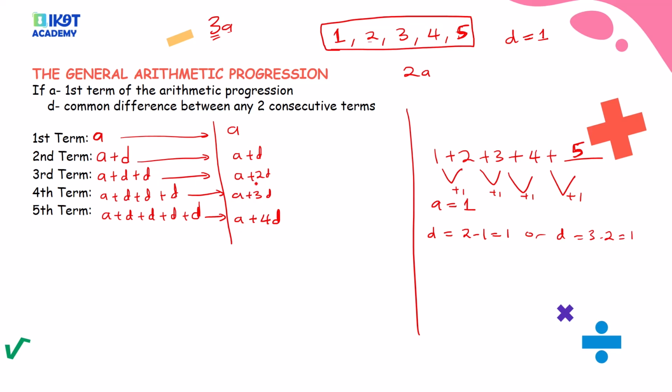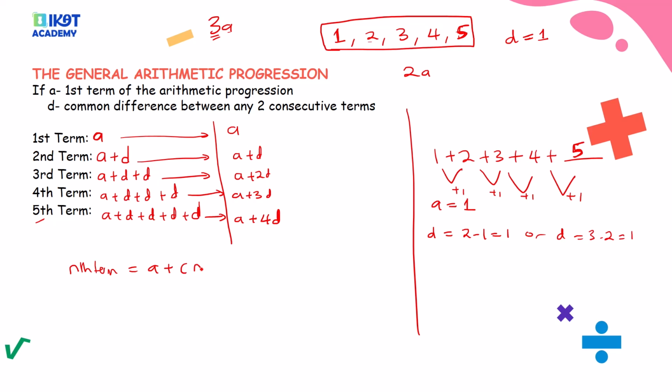When you compare, realize that for every term, let's say the fifth term, the coefficient of D is less by 1 than the number of that term. Here there is 5, here there is 4, here there is 4, here there is 3. The coefficient of D is always less by 1 than the number of the term. Meaning, if I wanted to get any random term, maybe the nth term, it will be A plus (n minus 1)D.